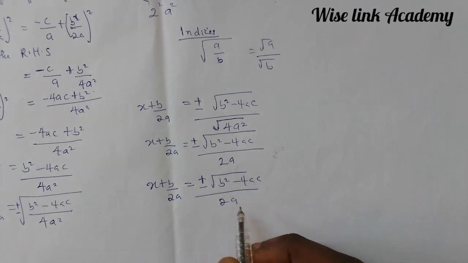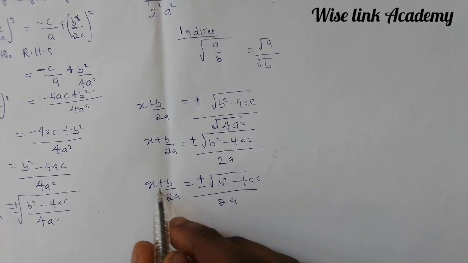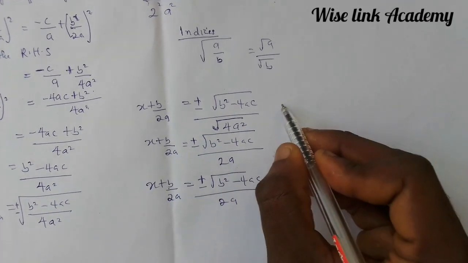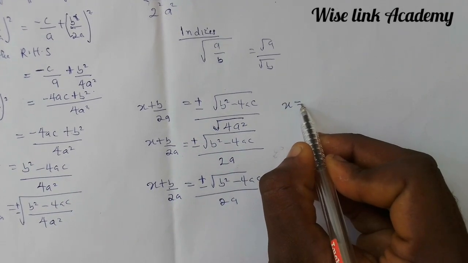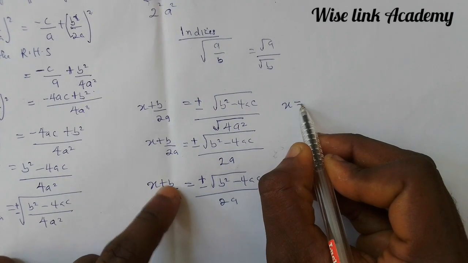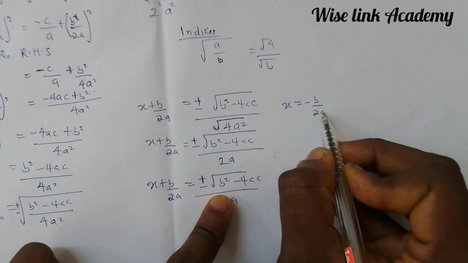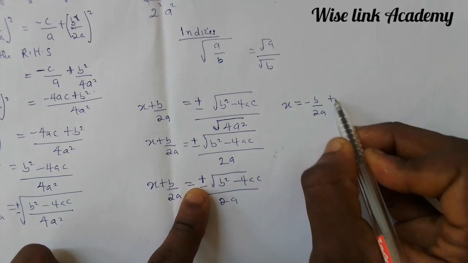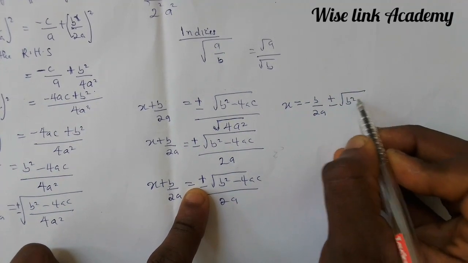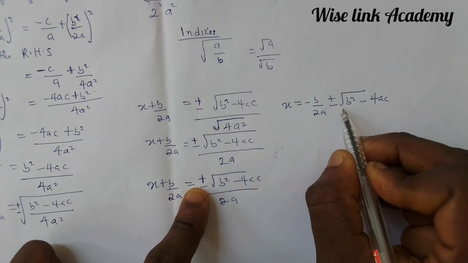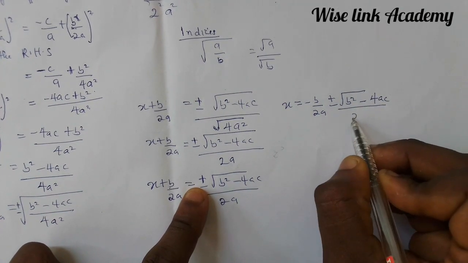Similarly, I can take this b over 2a to the other side. So I'll have x equals, if I take this positive b over 2a across, minus b over 2a, plus or minus root b squared minus 4ac over 2a.